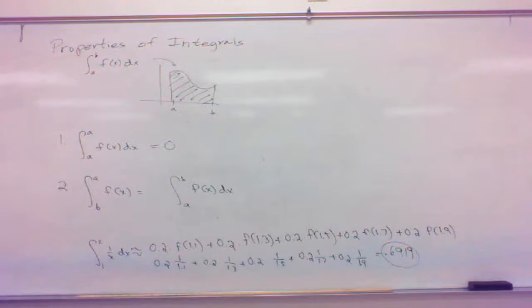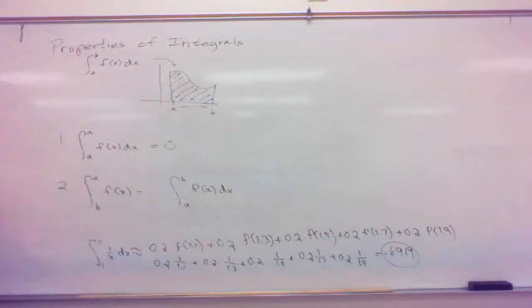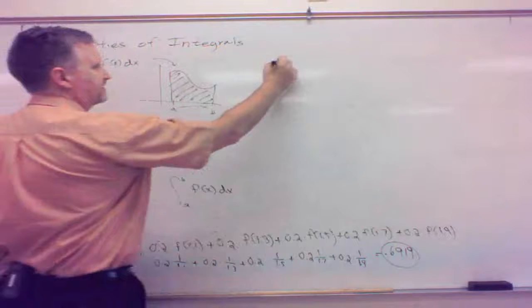So essentially, instead of going a to b, this is saying go b to a, right? The lower limit's b. So how would that compare? Well, if you think about delta x, it all gets back to the limit definition.